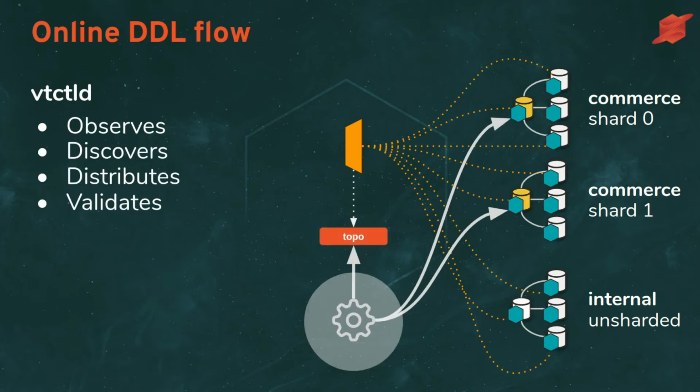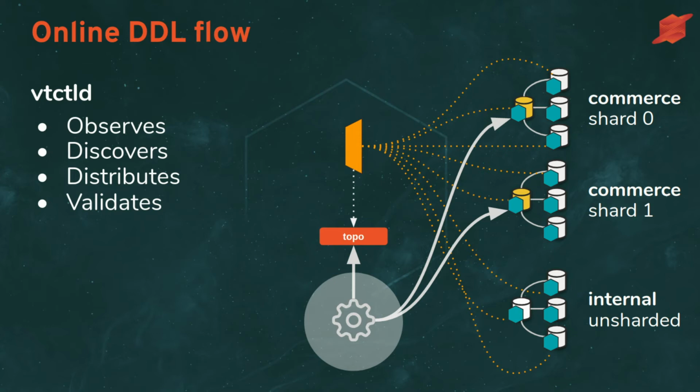Later on, VTctld, the control daemon, periodically checks for new requests. And it saw our request and said, okay, now it is time for me to look into that request. It parses the query. It looks into the schema and table involved. It infers what clusters and what shards are involved. It identifies which are the primaries for those shards.